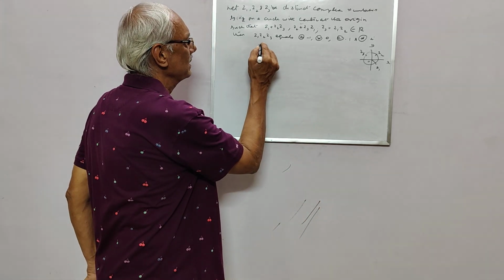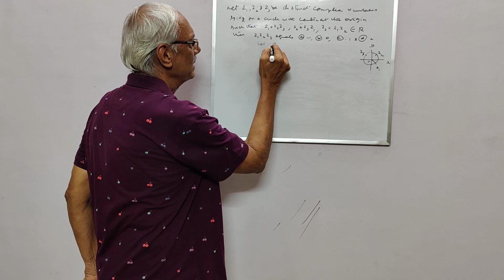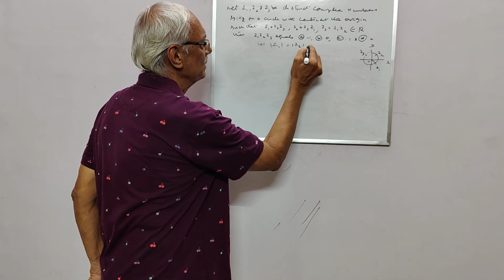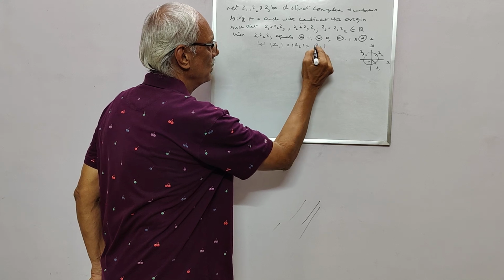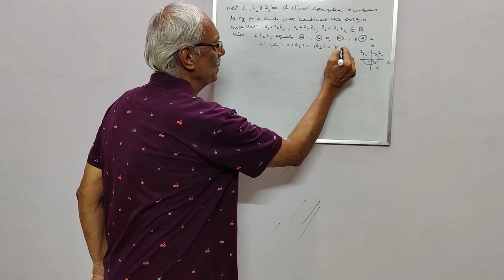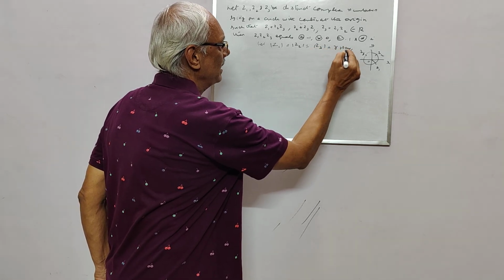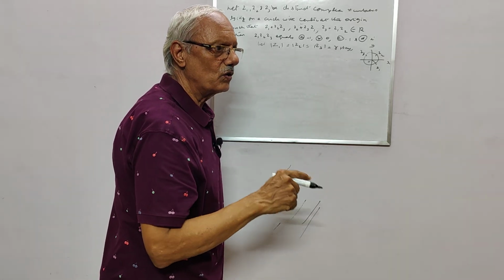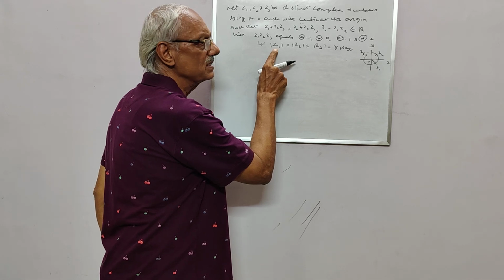So let modulus of z1 be equal to modulus of z2 be equal to modulus of z3 be equal to r, in the sense that if the origin is the center, this represents a circle.